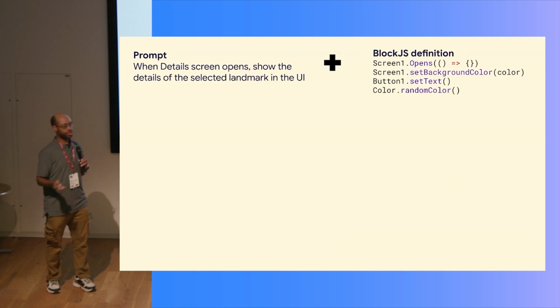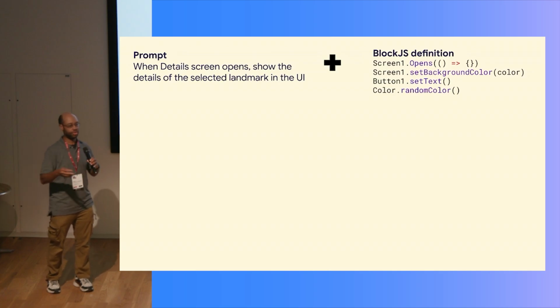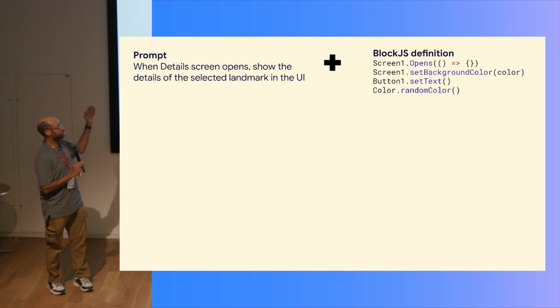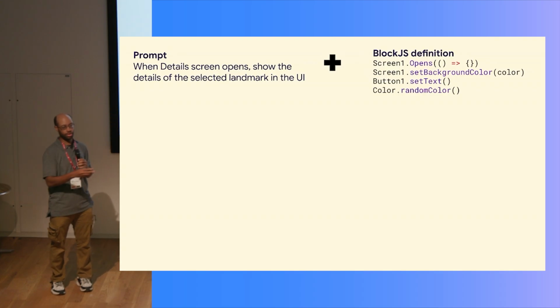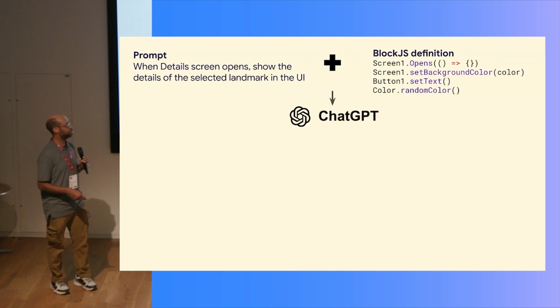So how does all of this work? So basically, we get the prompt from either the user or internally within our system because we'll be generating maybe a screen at a time. And then we also have our block.js definitions. So these will be definitions of all of the possible components and methods that it is able to use. We send all of this to an LLM.